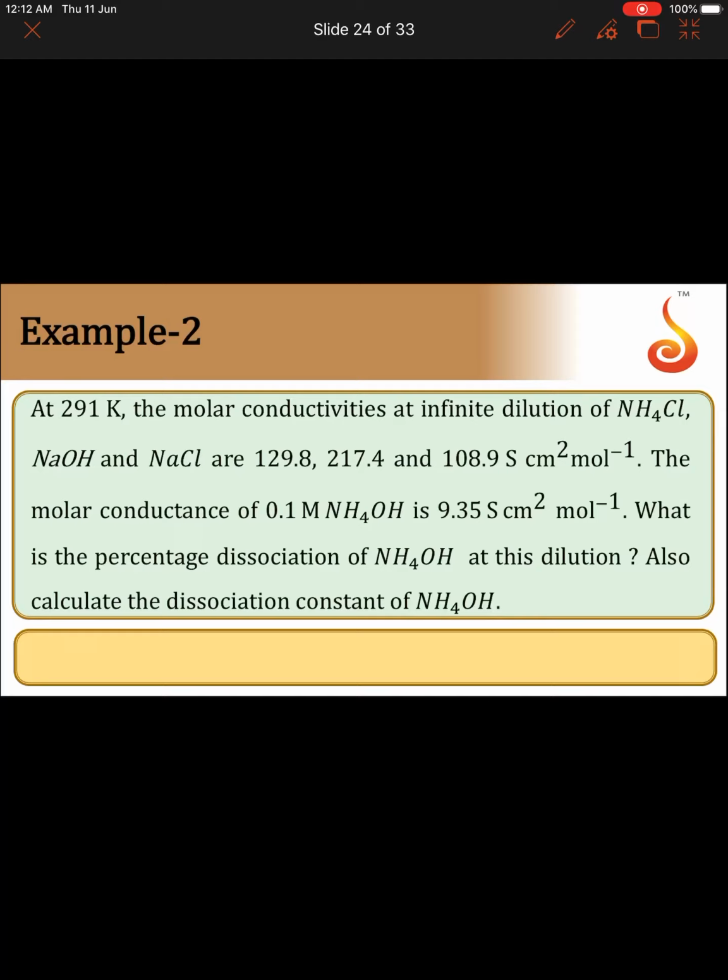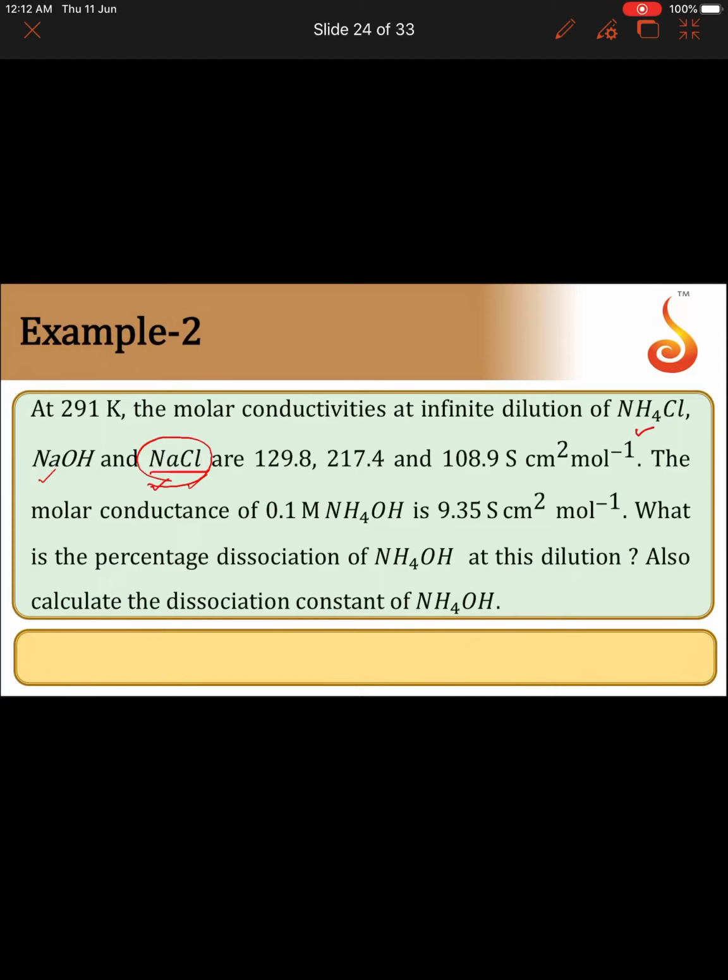So here if you take NaCl, it has two common ions. Na is a common ion in NaOH and Cl is a common ion in NH4Cl. So lambda m naught value of NaCl should be subtracted from lambda m naught value of NH4Cl and lambda m naught value of NaOH to get lambda m naught value of NH4OH, because Na plus and Cl minus will get cancelled.